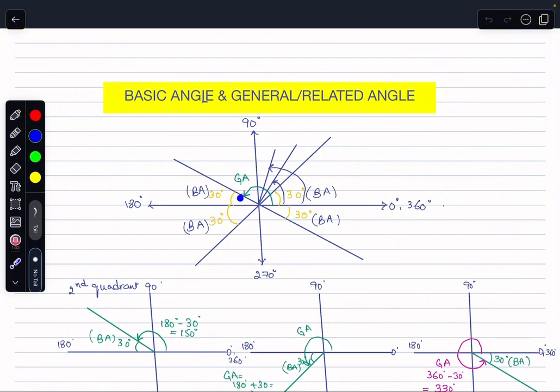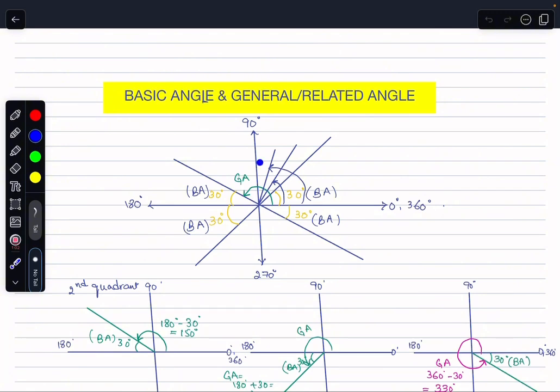The same can be done in the fourth quadrant. This angle with respect to the x-axis is the basic angle, and starting from 0 up till this line, the complete rotation will be the general angle, and obviously it will be any value between 270 and 360 degrees.